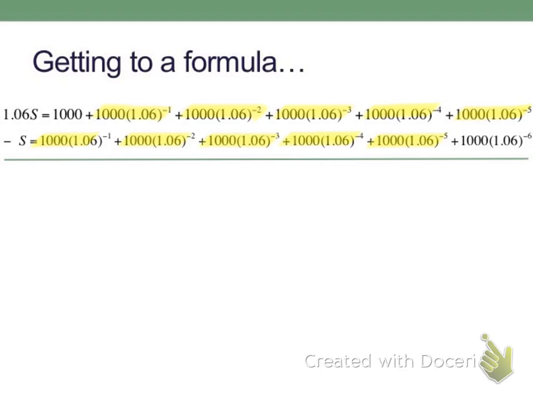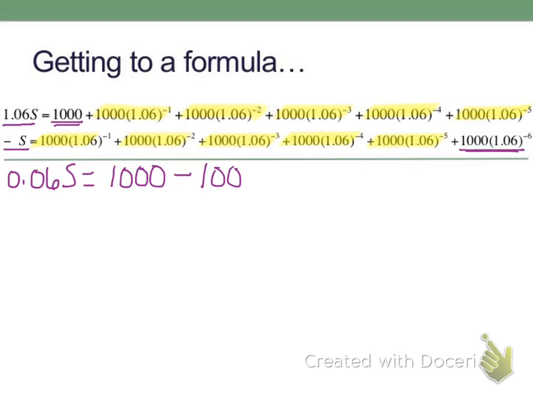And so what I'm going to be left with is 1.06S minus S, which is the 0.06S, and then this 1,000 minus this 1,000 times 1.06 to the -6. So the 1,000 from the top equation minus the 1,000 times 1.06 to the -6 power in the second equation.